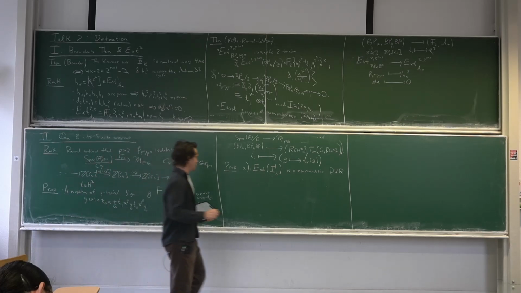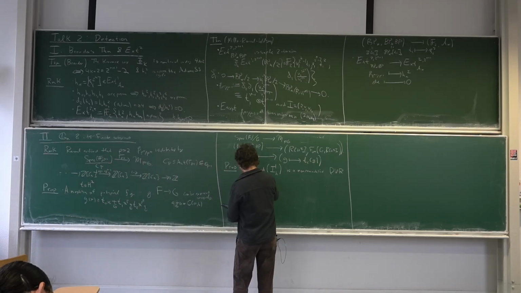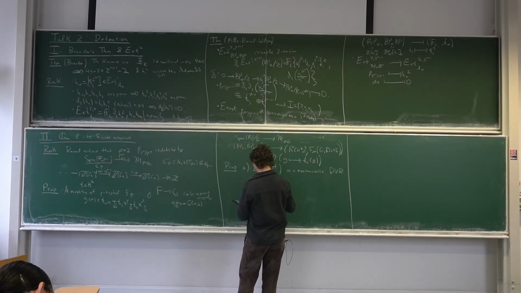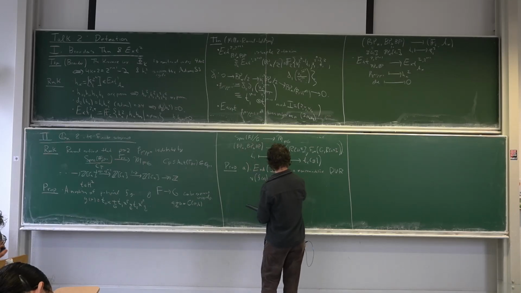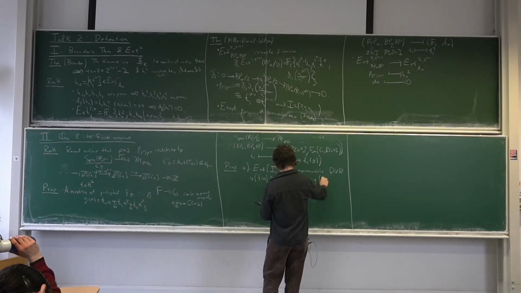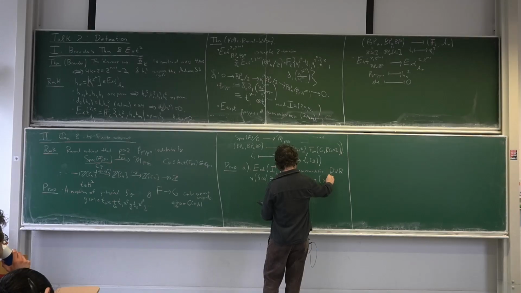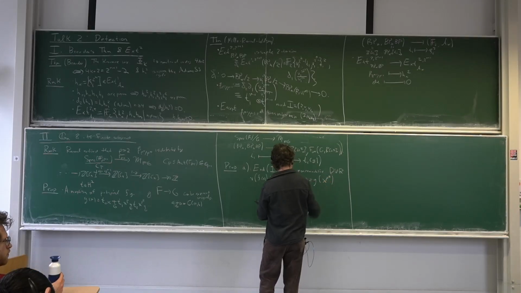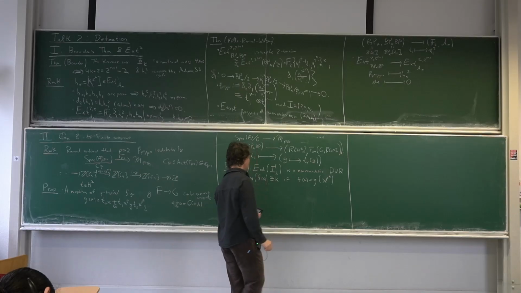And in particular, it has a valuation on it, and it's the one as follows. I say the valuation of a power series f of x is greater than or equal to k if f can be divided by the Frobenius k times in this sense.